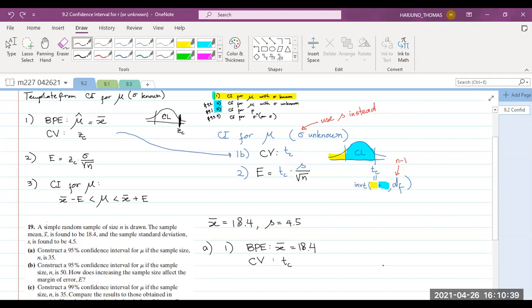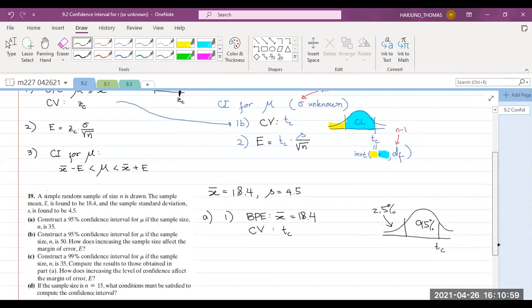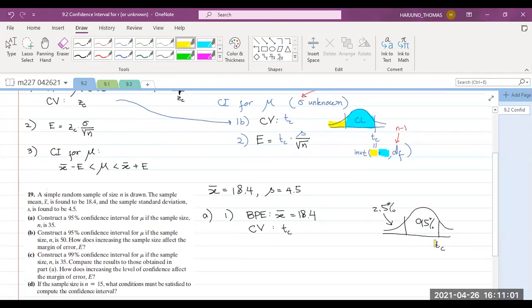So if we want to find the critical value here, the area in the middle is 95%, the remaining 5% will be shared by 2 tails, such that the area of each tail is 2.5%. So you see that the area to the left of that critical value will be the one tail plus the 95% confidence level.